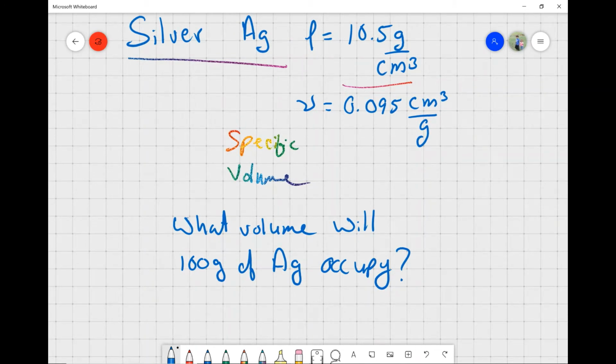Then we're going to do a flow rate example with silver.